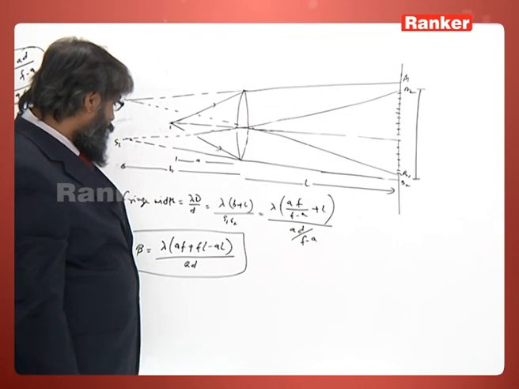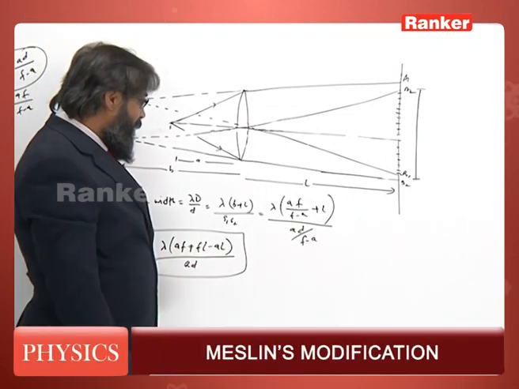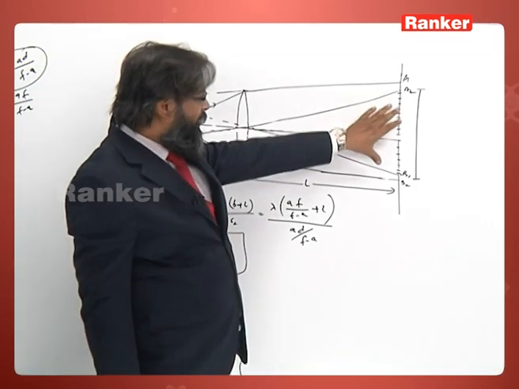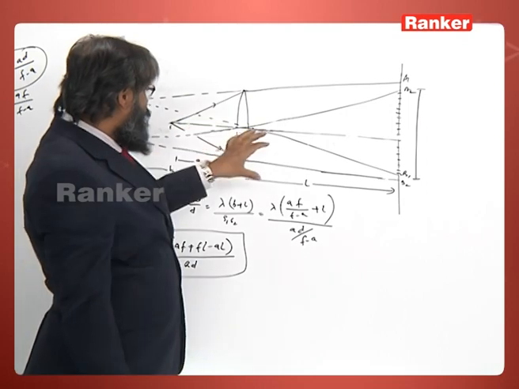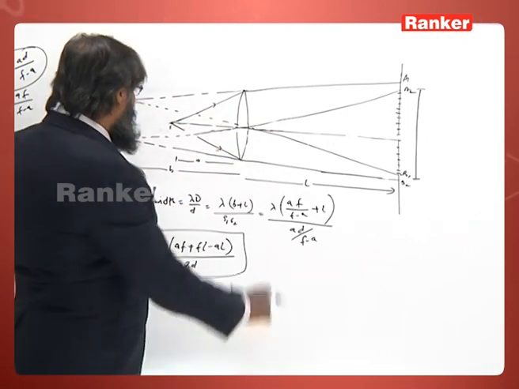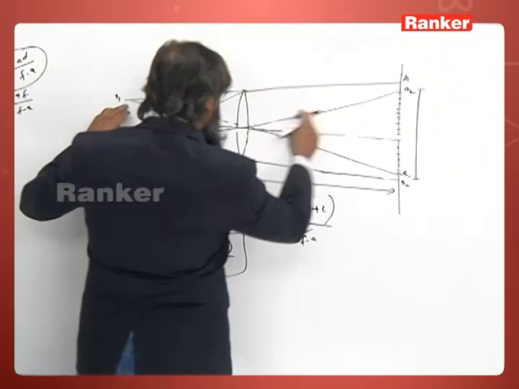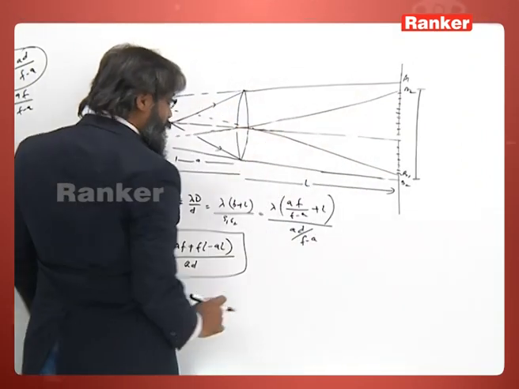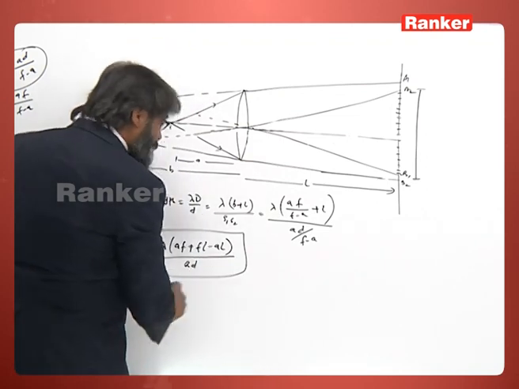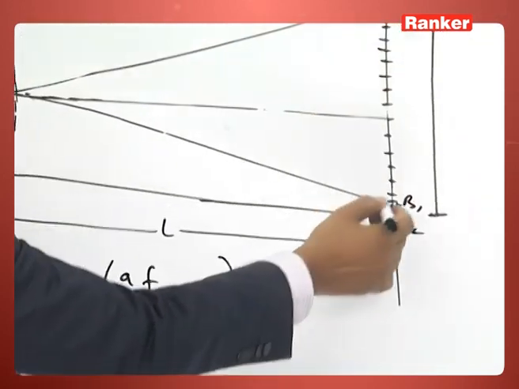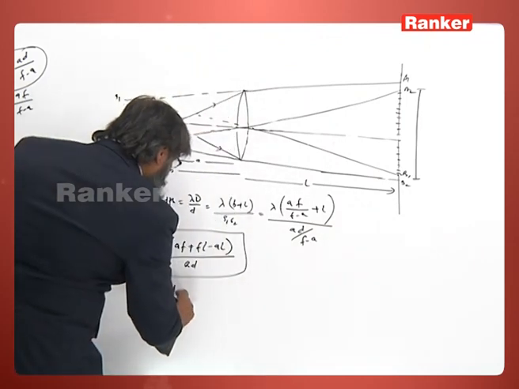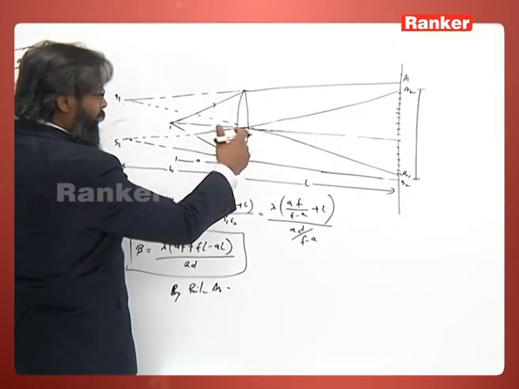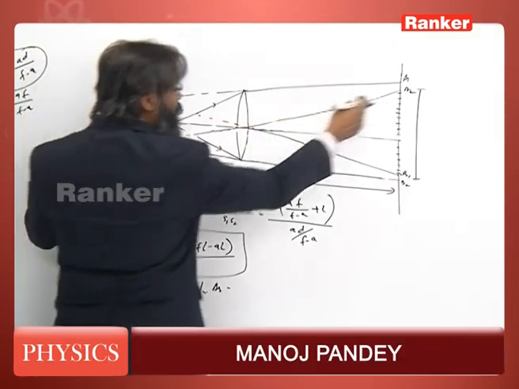Now let us calculate the total number of fringes formed within this region. So for this, we have to again use similar triangles. You see there are two triangles, this triangle and this triangle. So number of fringes can be calculated. First we will calculate A2B1. Now by similar triangles, from the diagram you see this triangle is similar to this.